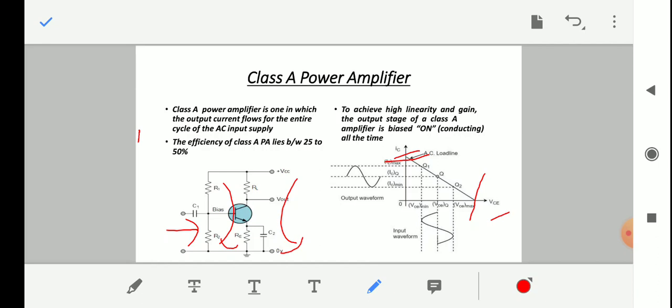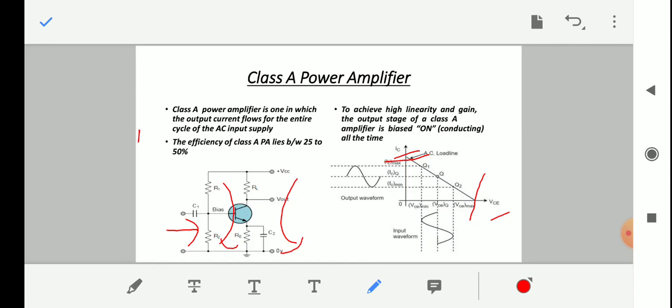The Q point, also known as operating point, we have also discussed this term Q point in first unit. So we are already aware of this term. This Q point always moves with the load line, so it can move upward or downward based on the values of resistors used by the circuit.